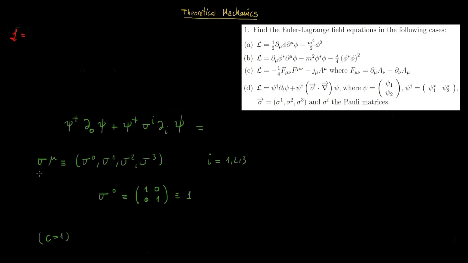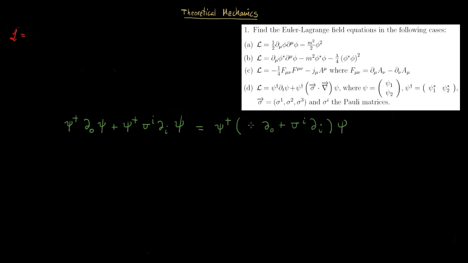With this notation we can write this Lagrangian density as partial 0 plus sigma i partial i psi, and if we introduce the identity matrix, or in our case sigma 0, because I defined sigma 0 as the identity matrix, then all this can be simplified to this nice contraction, sigma mu partial mu.